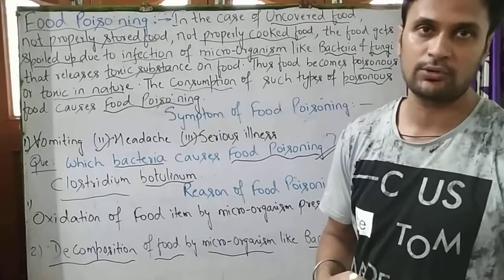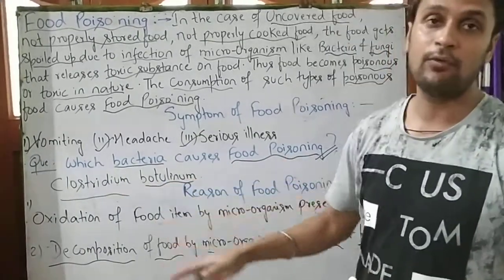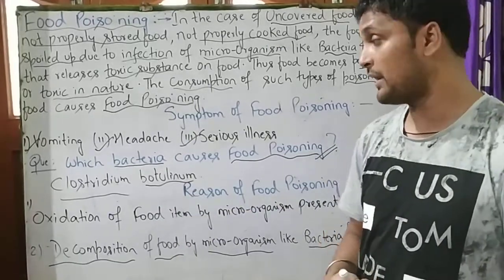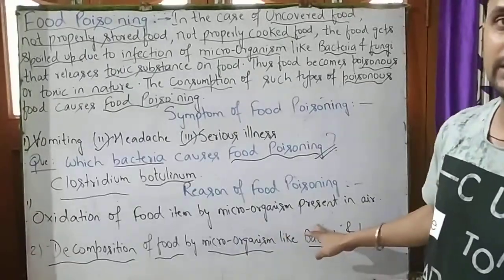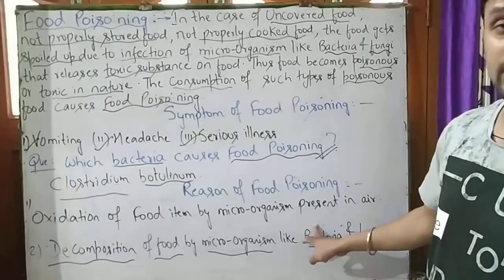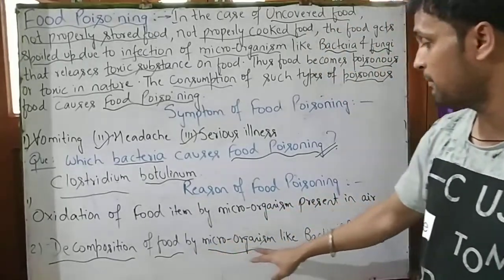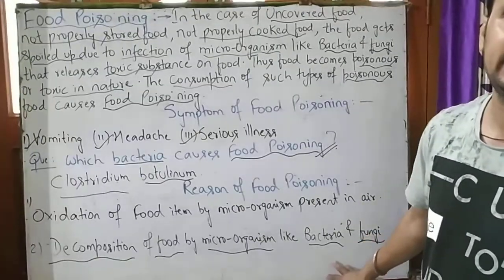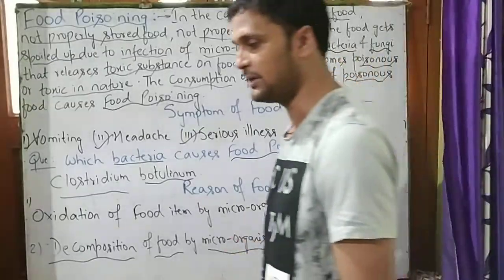Which bacteria causes food poisoning? Clostridium botulinum. And the reasons for food poisoning: first, oxidation of food items by microorganisms present in the air, and second, decomposition of food by microorganisms like bacteria and fungi.